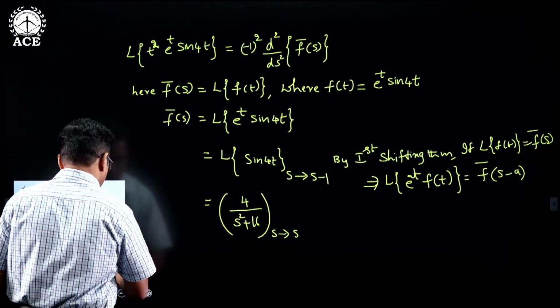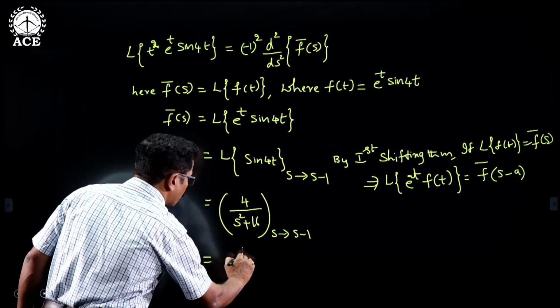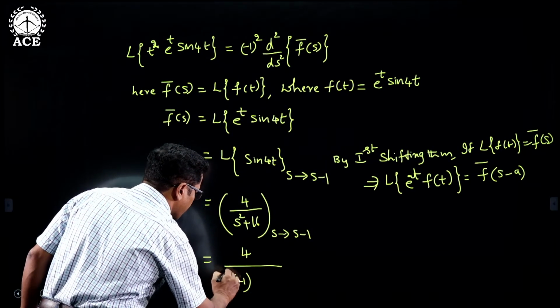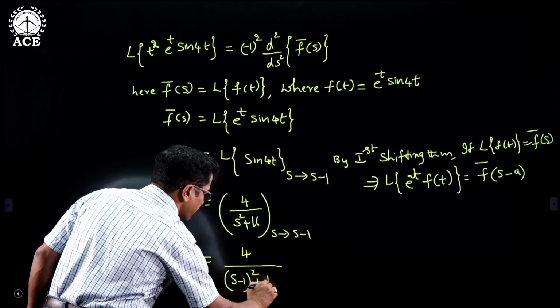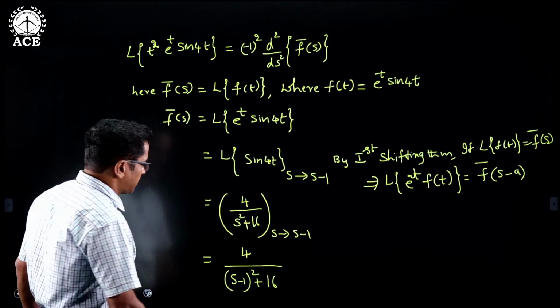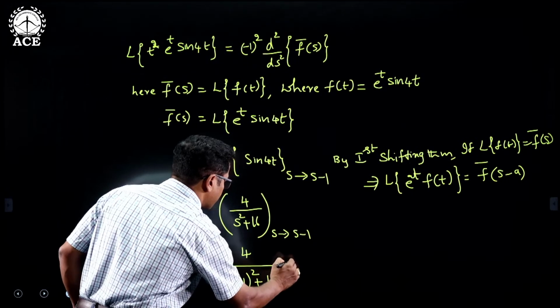Okay, s minus 1. So which is equals to 4 by s minus 1 whole square plus 16, which is going to be what?